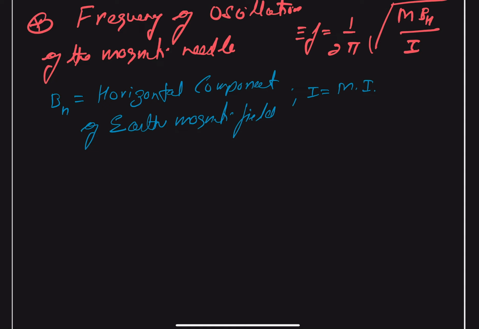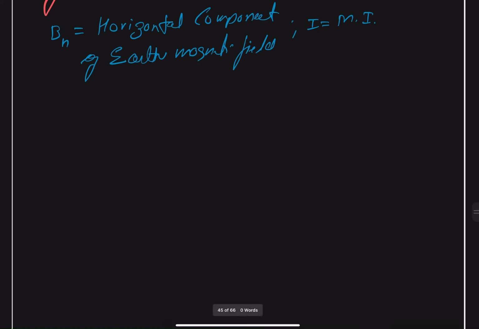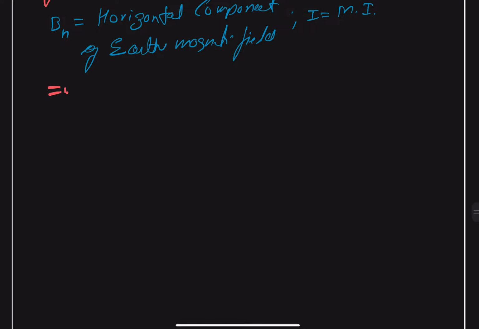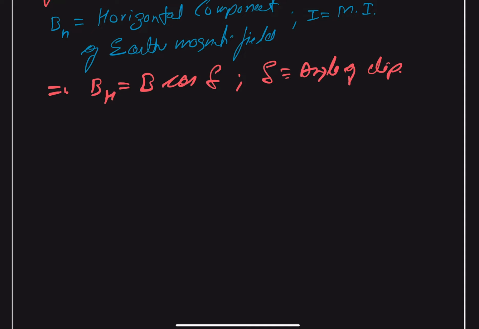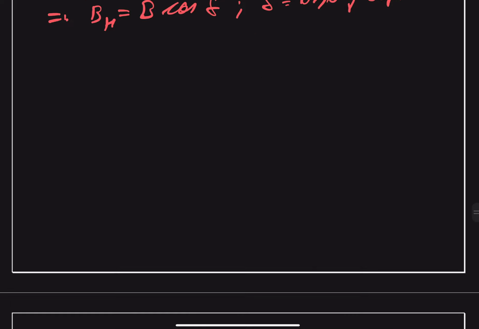And the horizontal component, that is BH, is given as B, the total magnetic field, times cos of the angle of dip. So BH is equal to B cos delta, where delta is the angle of dip and B is the total magnetic field, and we have to find the ratio of B1 and B2. So we can divide this formula into two components.